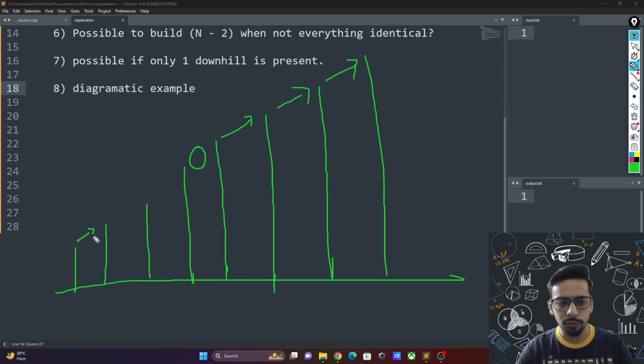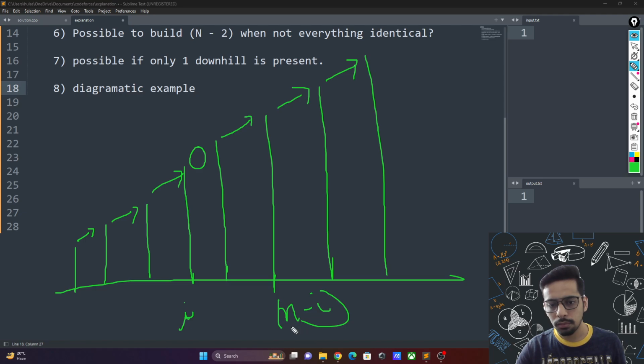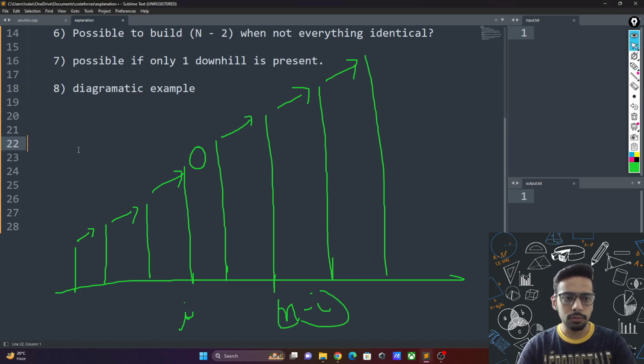Same way, all these movements are uphill. Given that these are n hills, let's say this is the ith one, you have n minus i hills in this region. In the right region I'm talking about, you have n minus i minus 1 uphills. Similarly, in the left region, you have i minus 1 uphills.